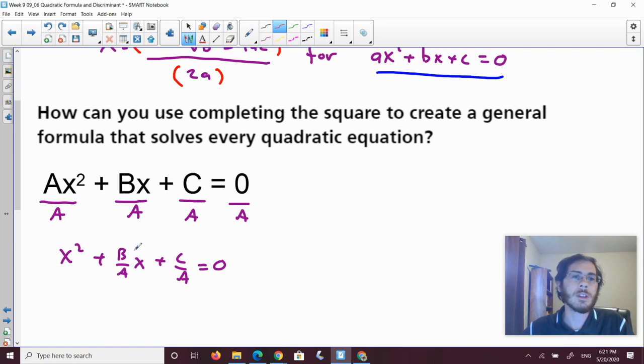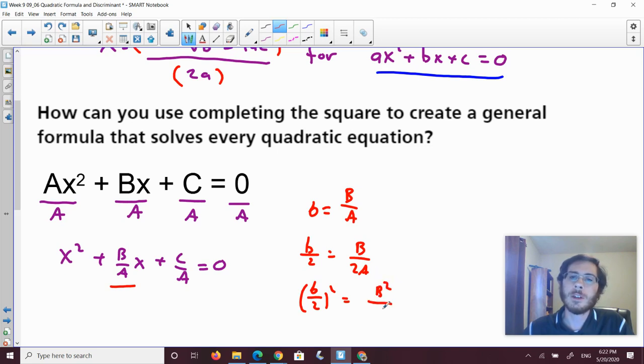So now we're ready. The middle term, it looks weird, but it's b over a. So if we divide that by 2, we get b over 2a. And if we square it, we get b squared over 4a squared.